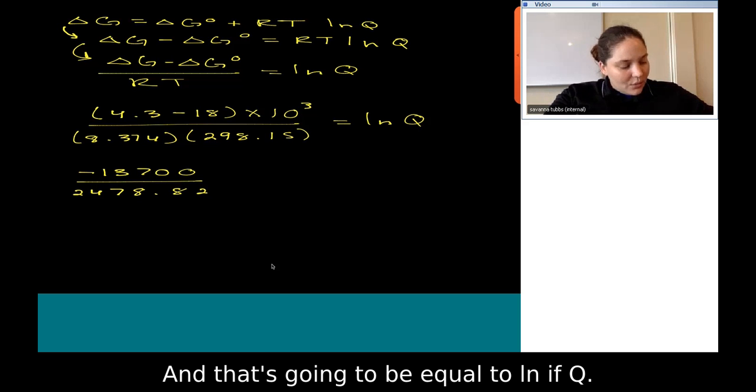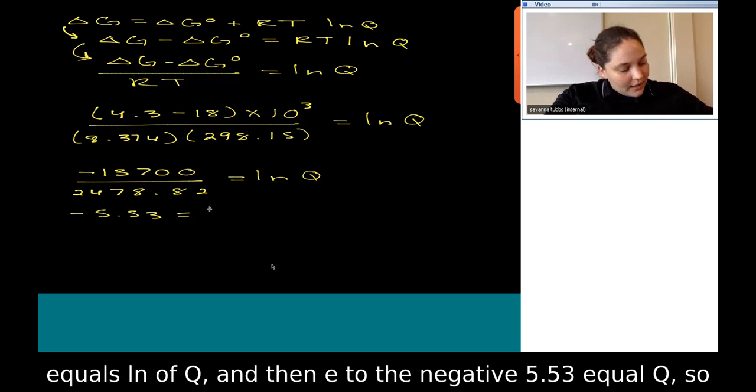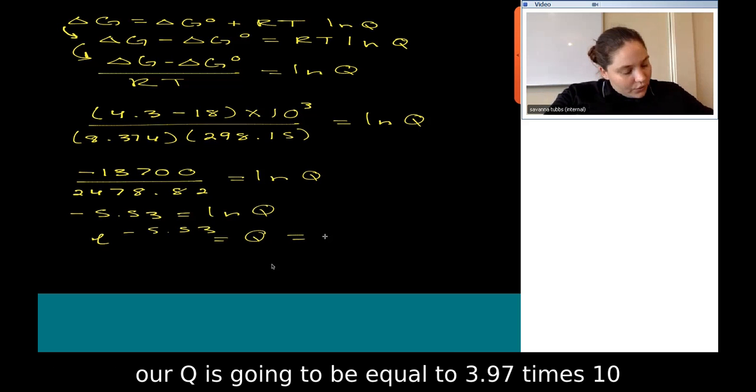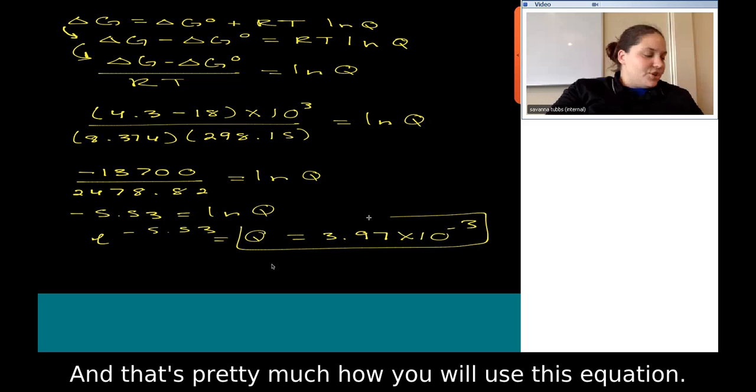And that's going to be equal to ln of Q. So when I divide these two, I get negative 5.53 equals ln of Q. And then e to the negative 5.53 equals Q. So our Q is going to be equal to 3.97 times 10 to the negative 3.